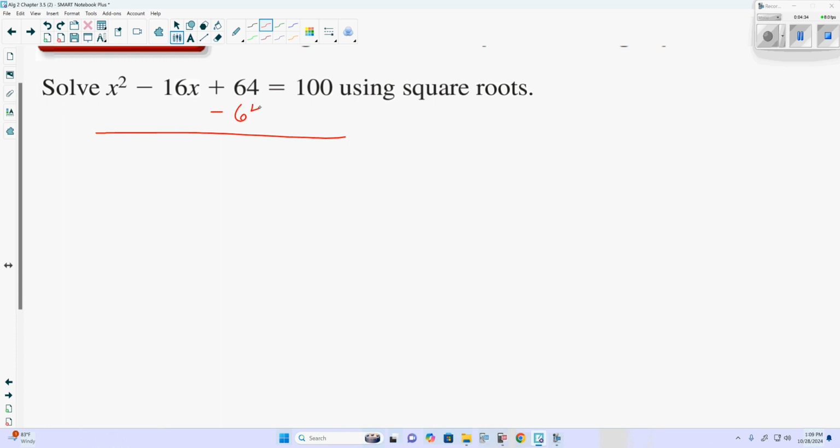For this, we would subtract 64 from both sides and leave 2 spaces. So we'd have x squared minus 16x plus blank is equal to 36 plus blank. Because our 64 minus 64 is 0, and our 100 minus 64 is 36.